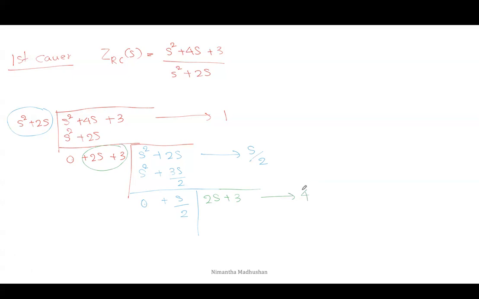When I multiply this by s over 2, it is equal to 2s. The subtraction is 0 plus 3. And the last one is 3 divided by s over 2. The answer is s over 6. When I multiply 3 by s over 6, I get s over 2. The final answer is 0.